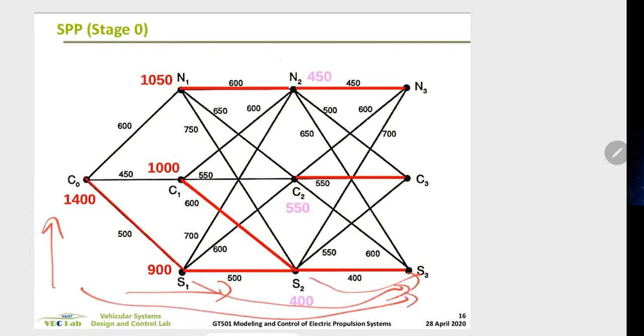The main idea derived from the principle of optimality is that once we solve a sub-optimal control problem, we don't have to solve it again. We already know the solution from 2 to 3, so we just need to keep that information and record it, and then use it later when we try to solve a bigger problem from 1 to 3 or 0 to 3. So conceptually, the theory is very simple. Everybody agrees?